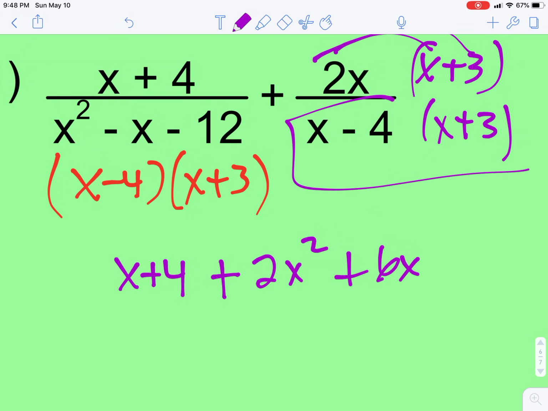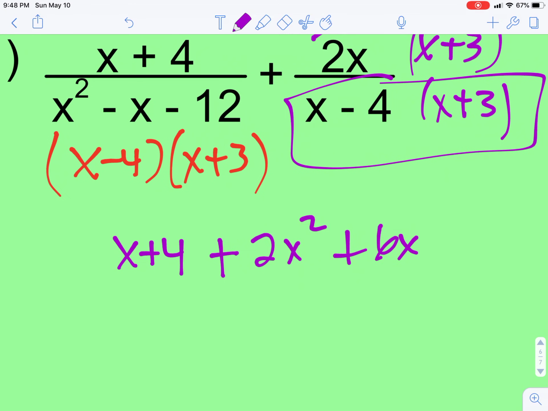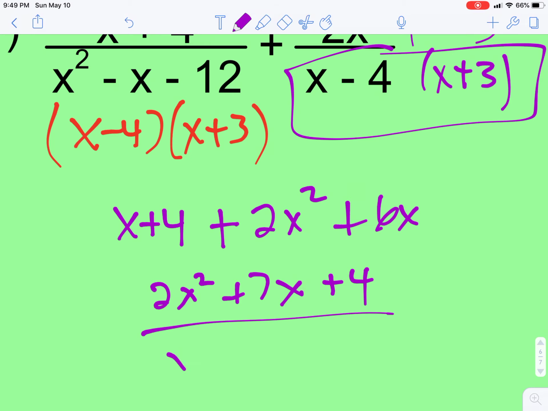Again, I know that this is going to be my denominator, so to save room, I'm going to combine all the stuff together, put it in the proper order. 2x squared plus 7x plus 4 over x minus 4, x plus 3.